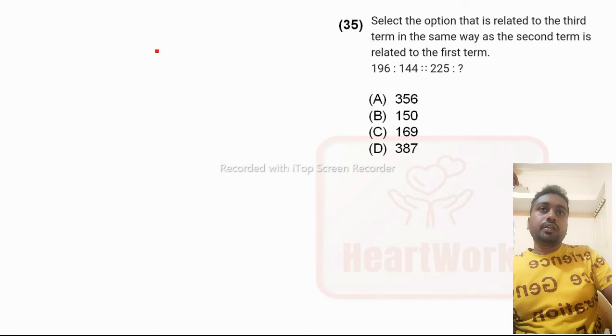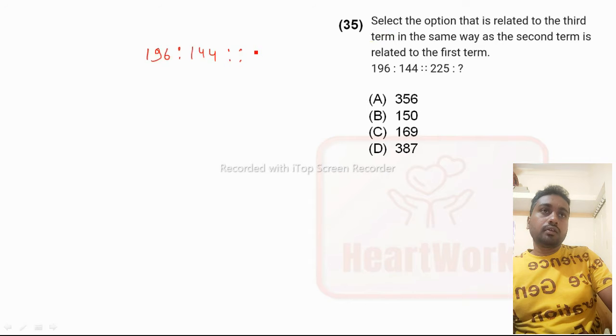Now in this question, what you need to do? 196 ratio 144 and 225. If a question like that comes, first we need to compare these two, and that relation you have to apply here. So first we solve this one.